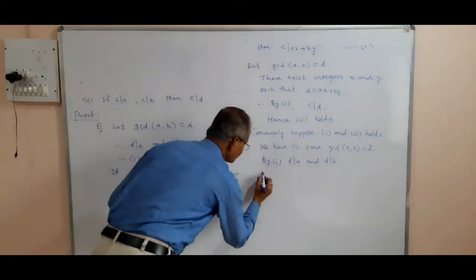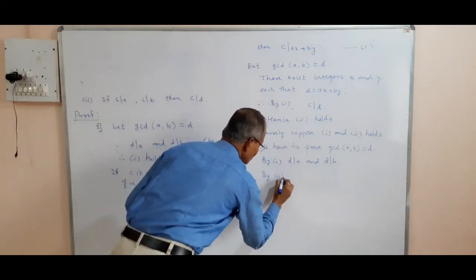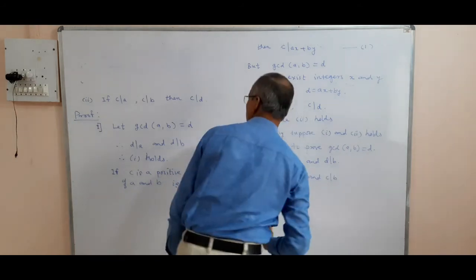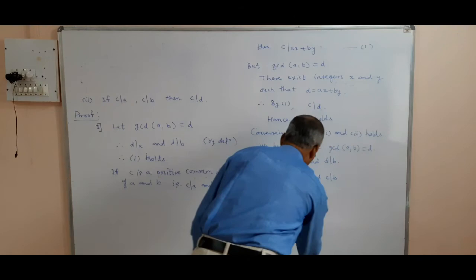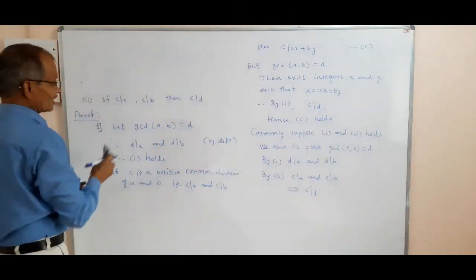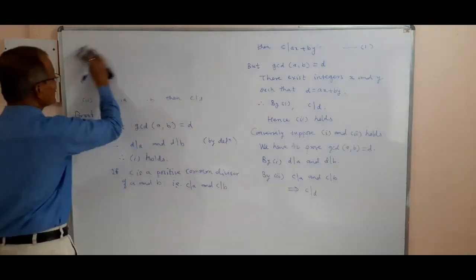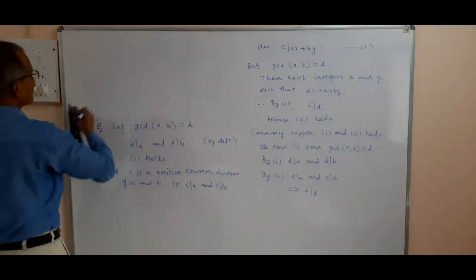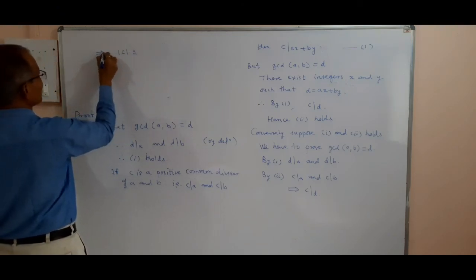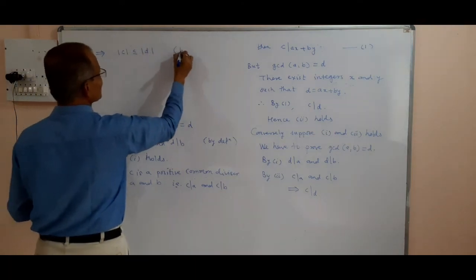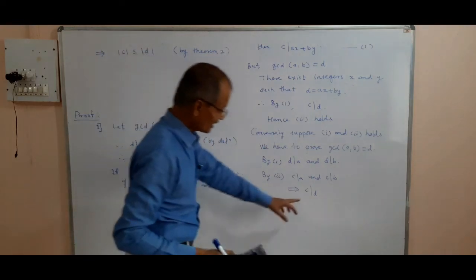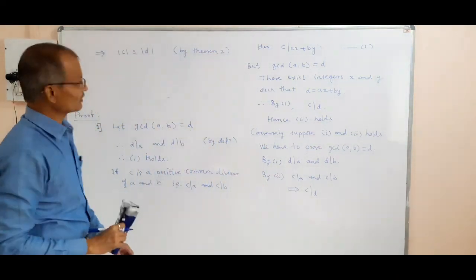So by 2, C divides A and C divides B implies C divides D. So therefore, if C divides D, then the modulus of C is less than or equal to the modulus of D by theorem 2. The left side number is less than or equal to the right side number in absolute value.